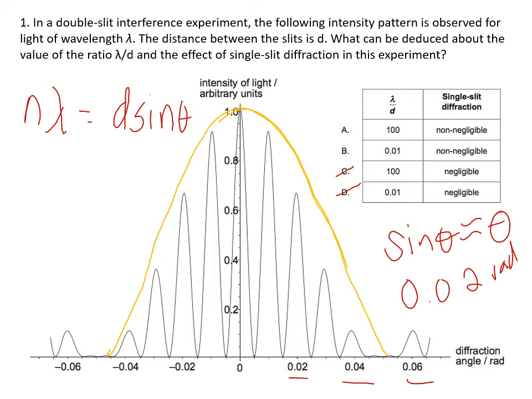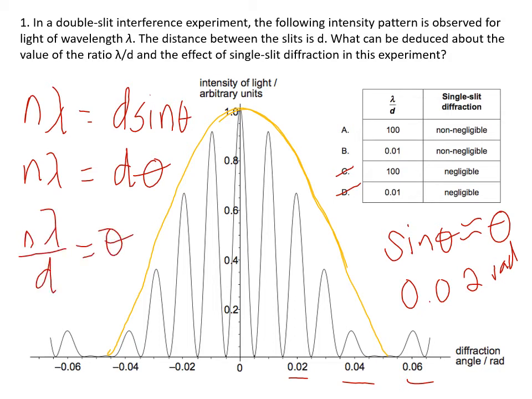In this case, what we're looking for is the ratio lambda over d, and I'm going to assume sine theta approximately equals theta, so I have n lambda is equal to d theta. So n times lambda over d should equal theta. If n is 1, this ratio becomes just lambda over d.